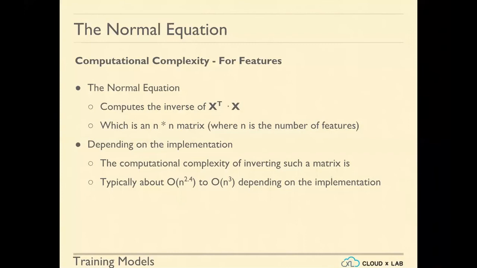And in MNIST, how many columns did we have? 784 columns, right? Now imagine if it was taking, let's say, 1 second for one feature. For 784 columns, it's going to take 784 to the power 3 seconds. That's actually humongous, isn't it?